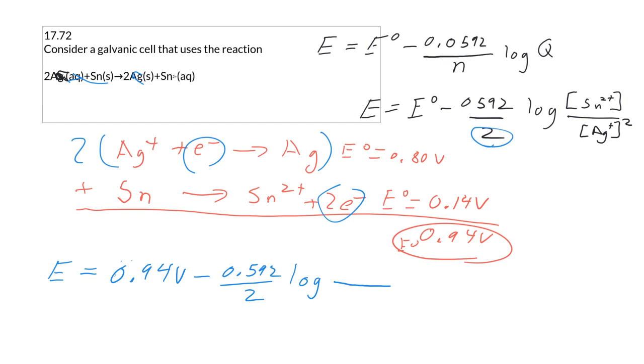We've got silver with a concentration of 1.3 times 10 to the negative second molar.